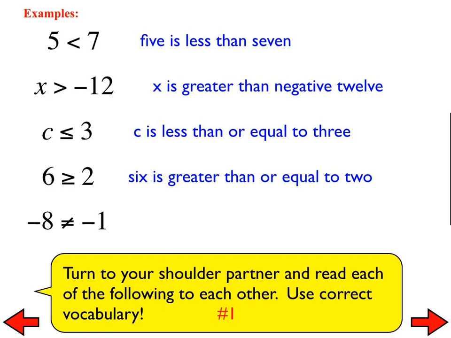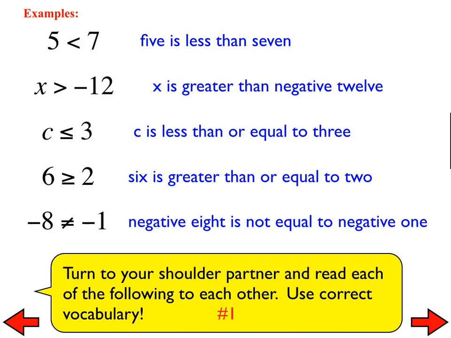So at most. So I'm going to take the easy one on this one. This is the one we're on now. 6 is greater than or equal to 2. What's another way of stating that? 6 is at least 2. All right, good. And then there really is only one way of saying the last one. Negative 8 is not equal to negative 1.